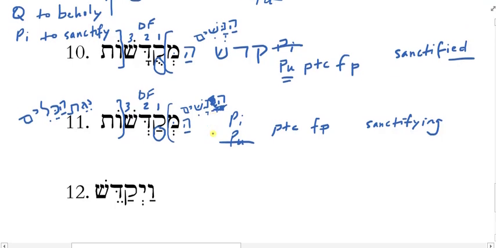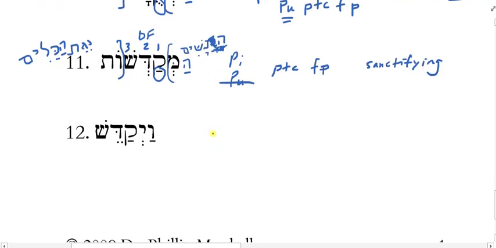All right. Number 12, real quickly. We have Vaikadesh. Say that. Vaikadesh. All right. 3 root letters. Do you see them? Yod, Kof, Dalet, right? No. There we go. What do you see in root 2? Doubling. So this is a Piel or a Pual.